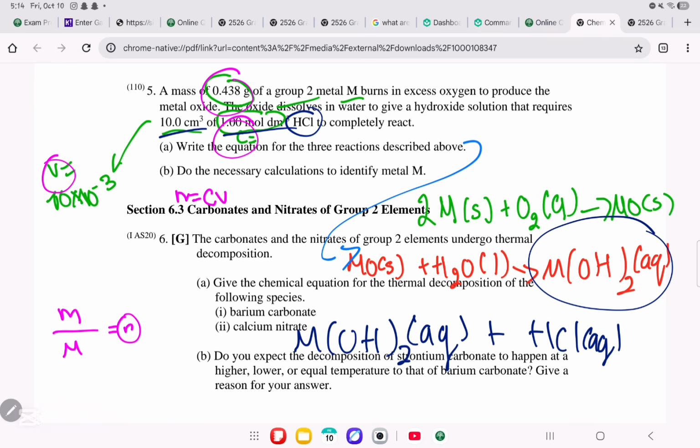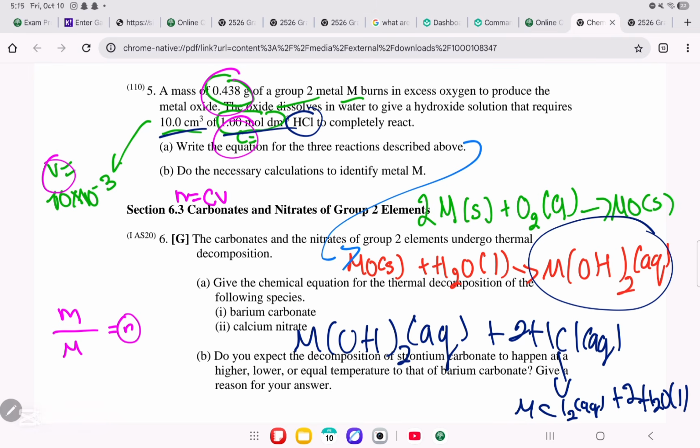To give us MCl2, metal chloride, and H2O, liquid. To balance it, you just put a 2 here and a 2 here. So metal hydroxide aqueous plus 2HCl aqueous will give us metal chloride, which is the salt, aqueous, and 2H2O liquid.